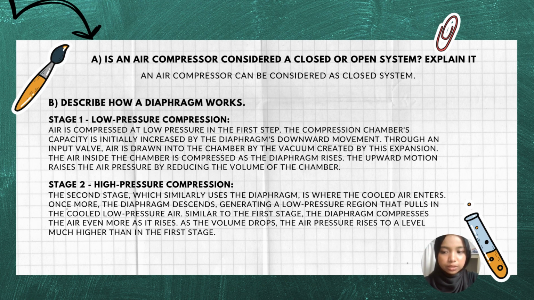The upward motion raises the air pressure by reducing the volume of the chamber. And for stage 2, high pressure compression occurs. As the volume drops, the air pressure rises to a level much higher than in the first stage.